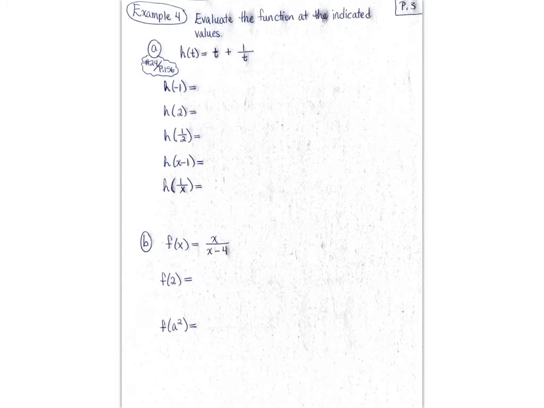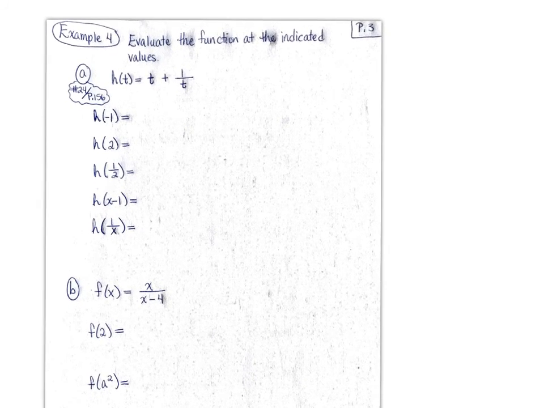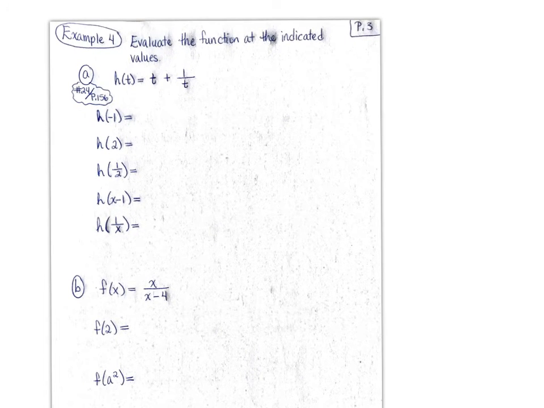Next up, let's talk about how to evaluate the function at the indicated values. Okay, so I've given you a function. h of t is equal to t plus 1 over t. If I ask us to find h of negative 1, how do we do that?